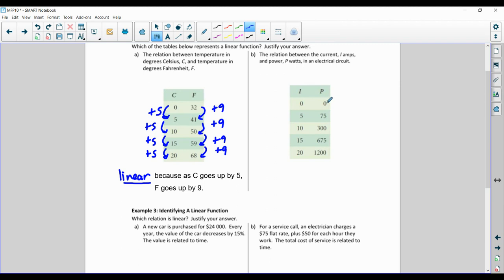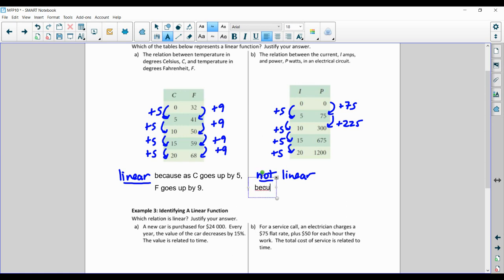There we go. Okay, so here our P or power is going up by 75 watts. Then it goes up by 225. Well, already I can see that these are not the same. Let's see if it was the same over here, plus 5, plus 5. Yeah, so it was the same on the left with our independent variable, but it wasn't the same increase on the right. So therefore it is not linear. And I'll give an explanation here.